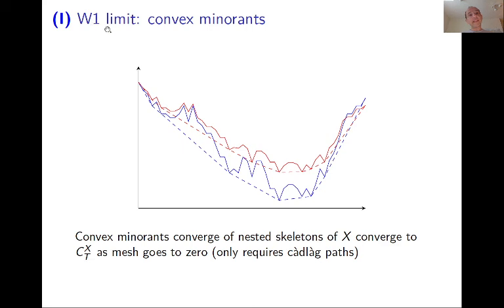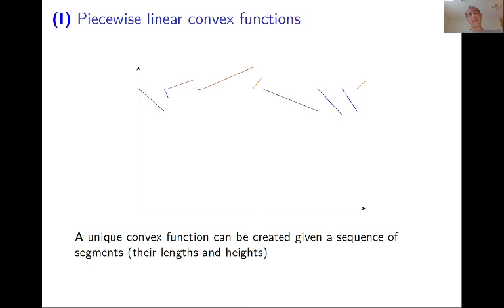Well, the limit in world one is very, very easy, because all you need to know is that if this random walk converges pointwise to a trajectory, then the corresponding convex minorants will also converge. It's clear. Now, the limit in world 2 has to do with convergence of piecewise linear convex functions.